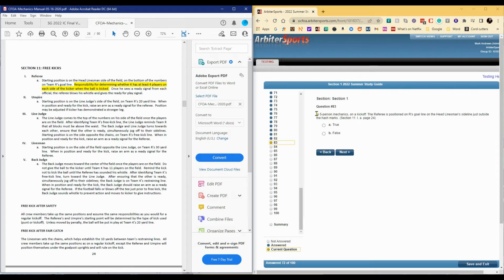Question 83. In 5-person mechanics on a kickoff, the referee's position is on R's goal line, on the head linesman's sideline, just outside the hash marks. And if we go over here, the starting position is on the head linesman's side of the field, on the bottom of the numbers on Team R's goal line.